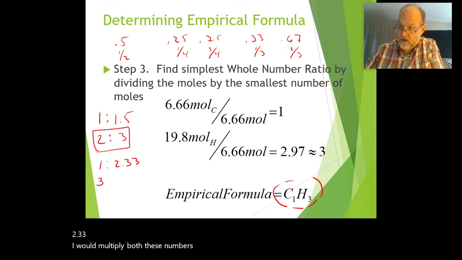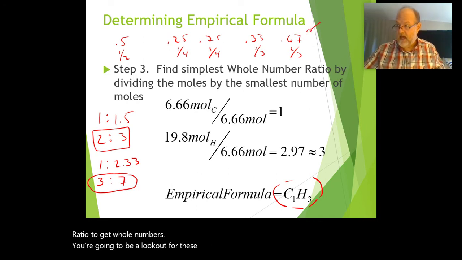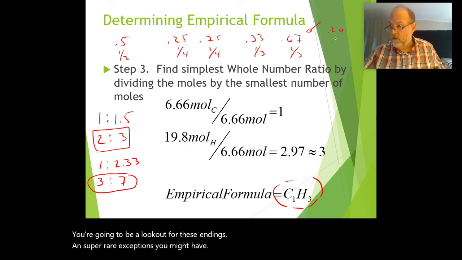So it becomes a 3 to 7 ratio to get whole numbers. You're going to be on the lookout for these endings. And in super rare exceptions, you might have 0.2, 0.4, 0.6, 0.8.